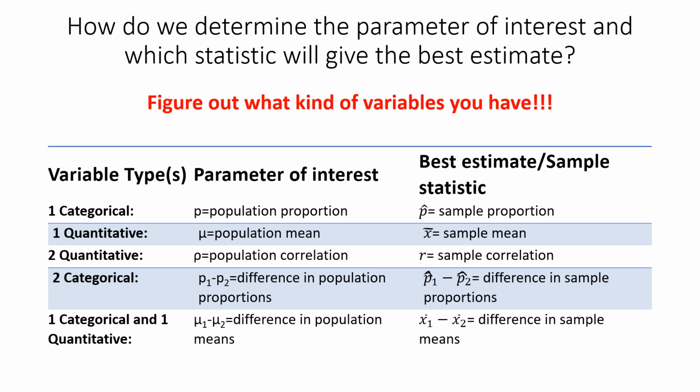And when we've got one categorical variable and one quantitative variable, the parameter that we're going to be interested in is the difference in the two population means, mu1 minus mu2, which we'll estimate with the difference of sample means, x bar sub 1 minus x bar sub 2. I strongly recommend making a little copy of this table and putting it someplace handy so you can refer back to it for a while as you get used to using it to guide you into making these choices.